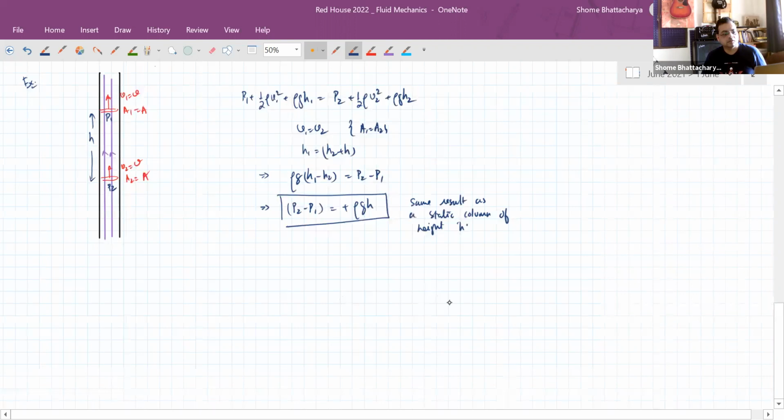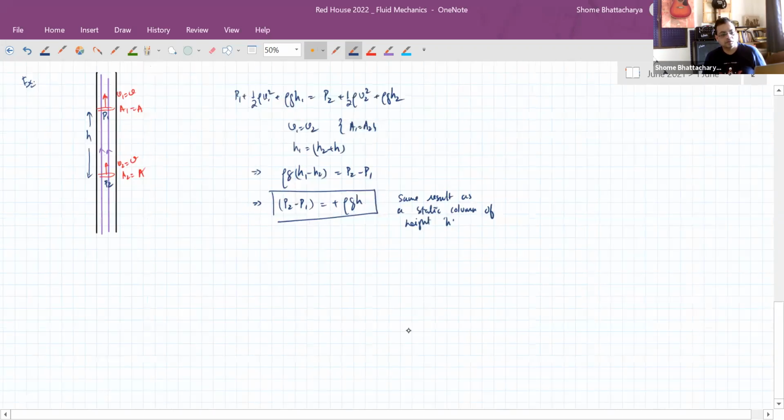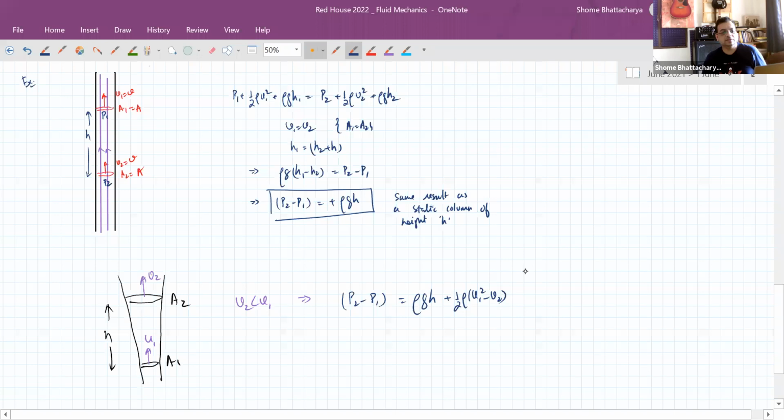Okay. So you can see that in this case, because of this, P2 minus P1 will be greater than rho gh in this situation. Okay. The same thing if it had been like this.